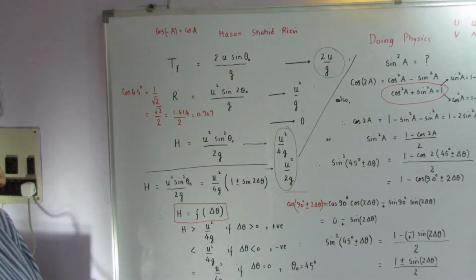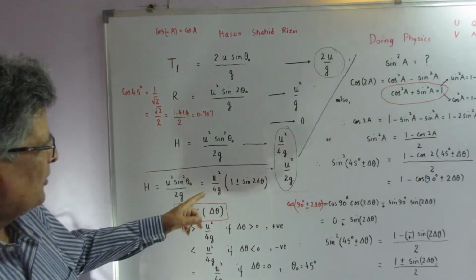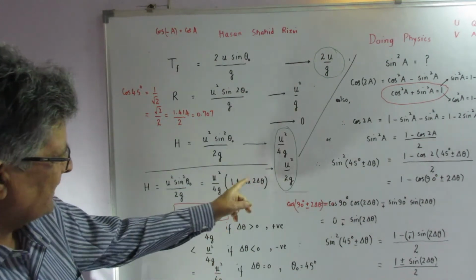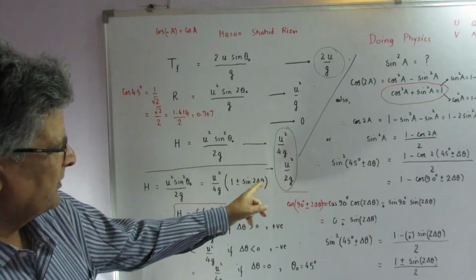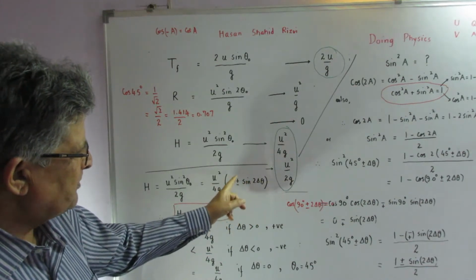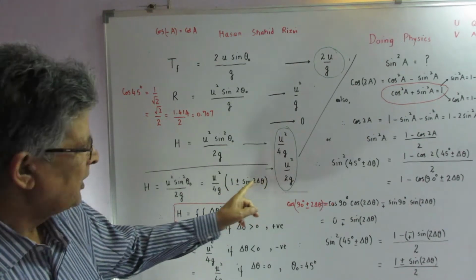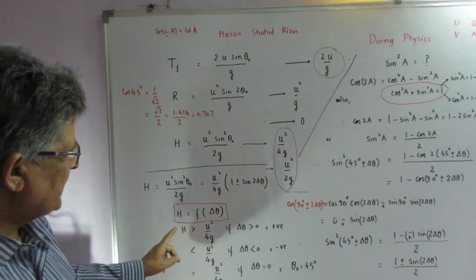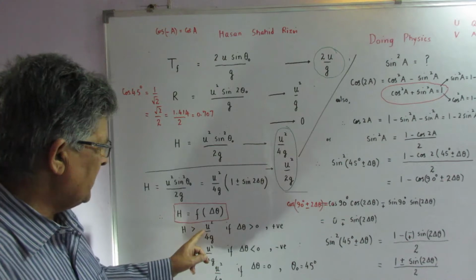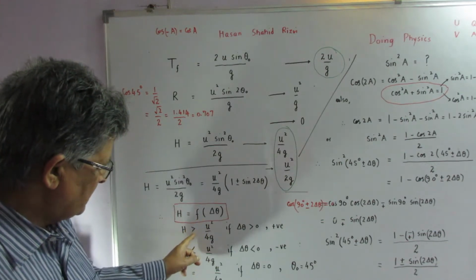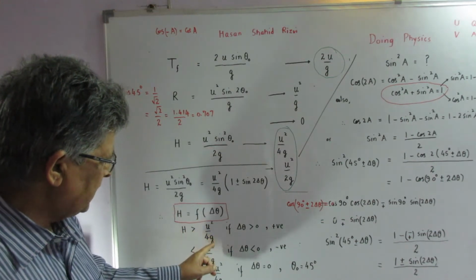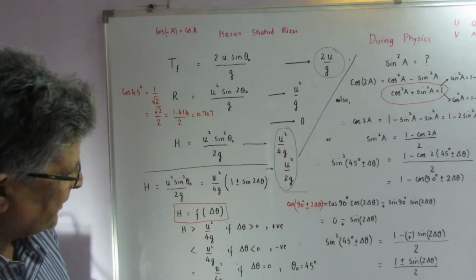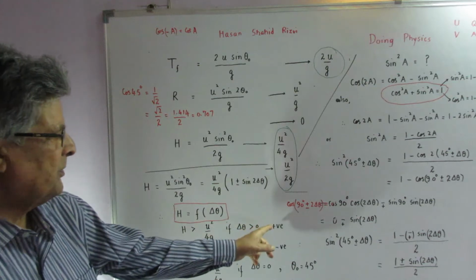One thing is true: if you look at this relation, if delta theta is positive, then this is 1 plus something. So this value becomes more than 1, and therefore the height that we achieve will be more than u square upon 4g, because delta theta, the deviation angle from 45 degrees, is positive.